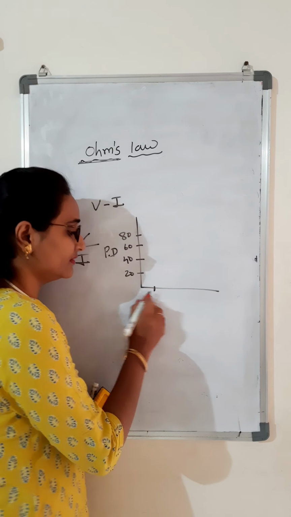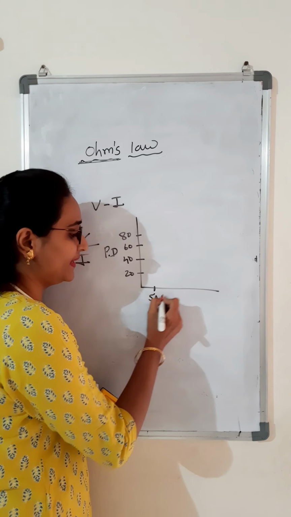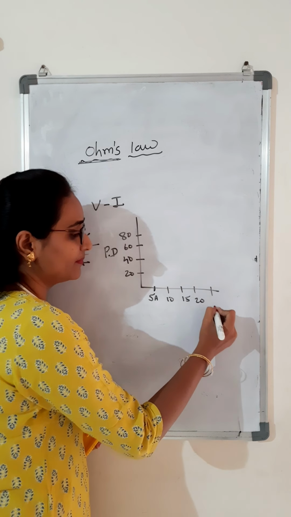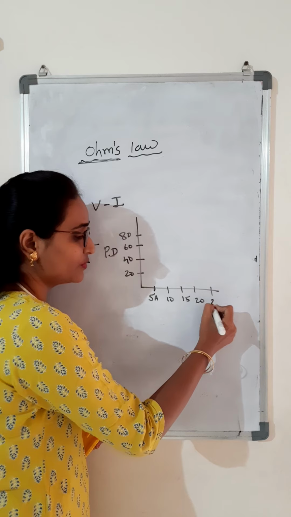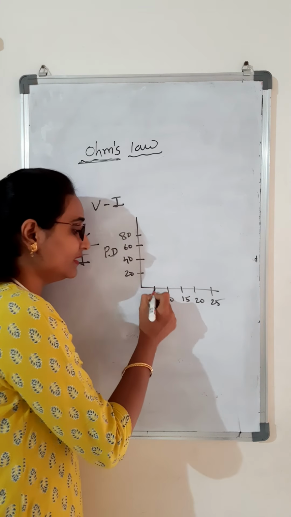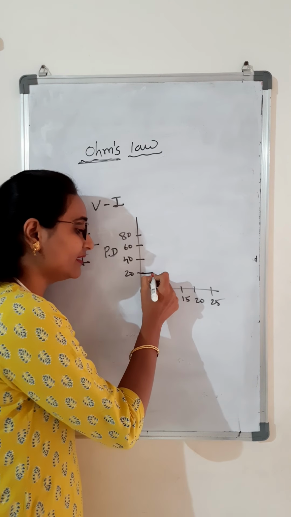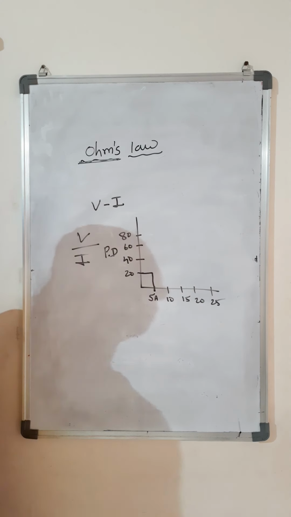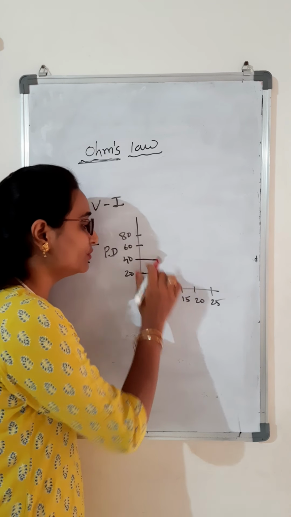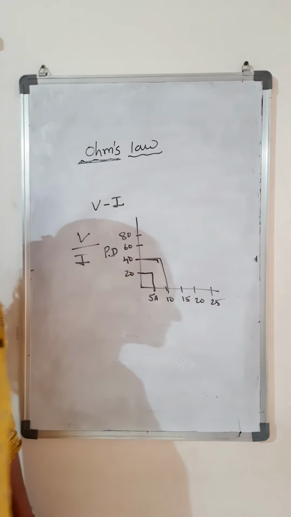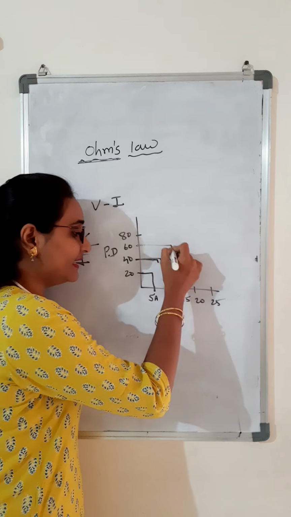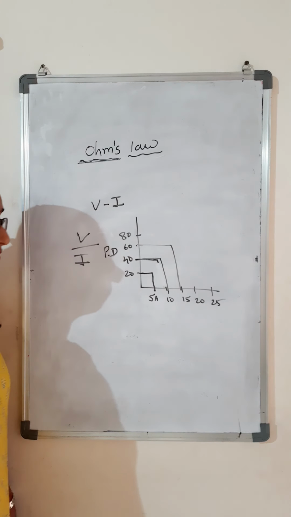Now here the currents we are taking are 5 ampere, 10 ampere, 15 ampere, 20 ampere, and 25 ampere. When the potential difference was 20 volt, the current flowing through that circuit was 5 ampere. When the potential difference was 40 volt, the current was 10 ampere. When 60 volt, it was 15 ampere.